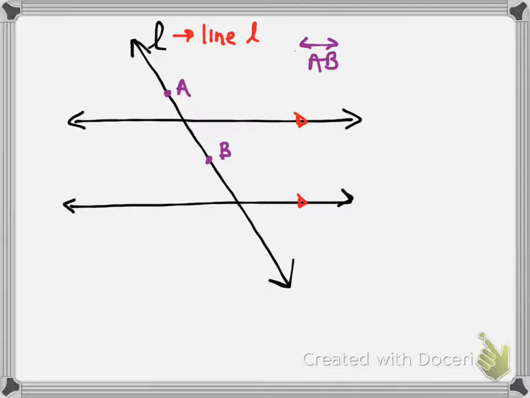The order of those points don't matter, so you could also call it line BA. Okay, so those are different ways of naming a line. All right, ours, they decided to just deal with the lowercase italic L to name that line. All right, so I'm going to magically disappear all of those things. Okay, because that's not as important.